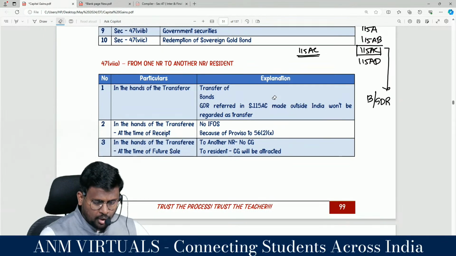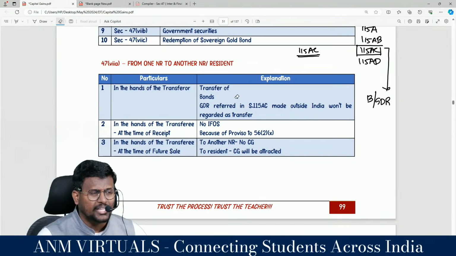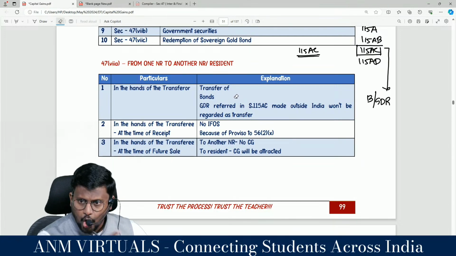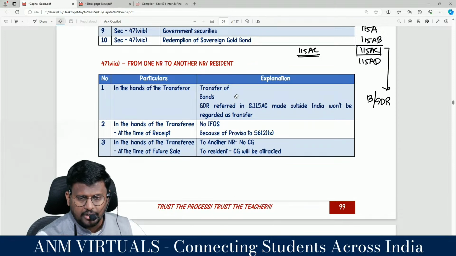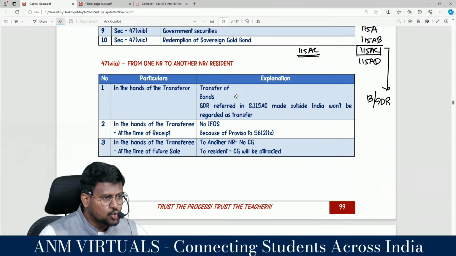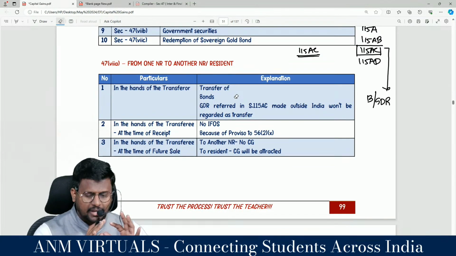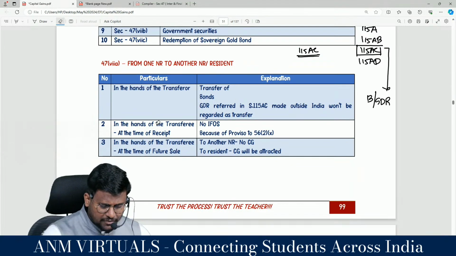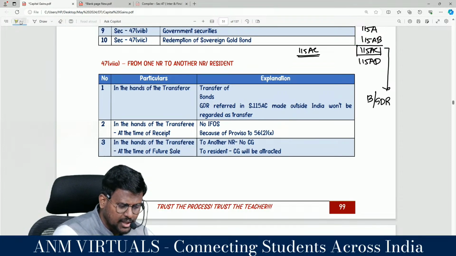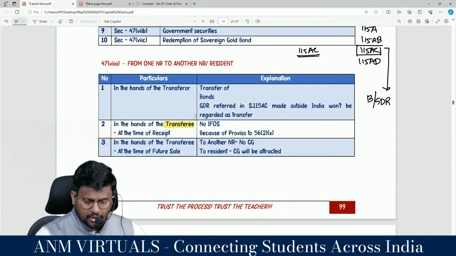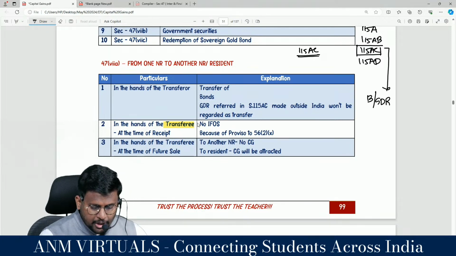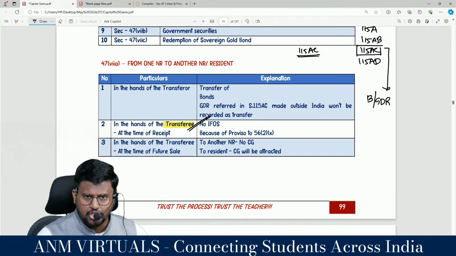Correct? So in the hands of the transferor, what is 47 clause 7A? Transfer of bonds or GDR by one non-resident situated outside India to another non-resident situated outside India will not be regarded as transfer. In the hands of the transferee, the recipient non-resident, there is no NOS because of the proviso to section 56 subsection 2.